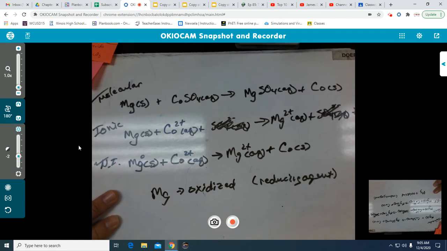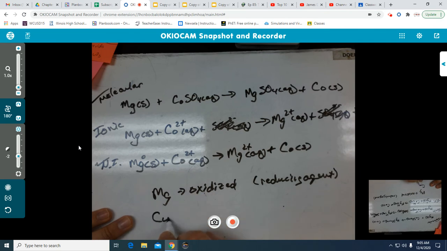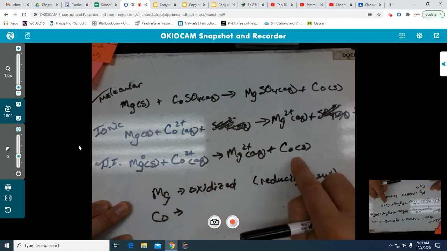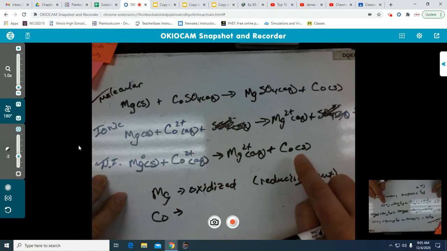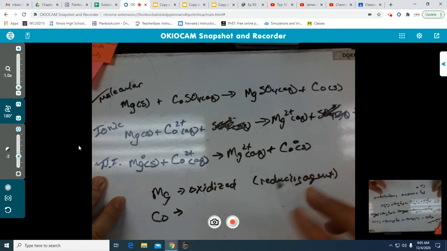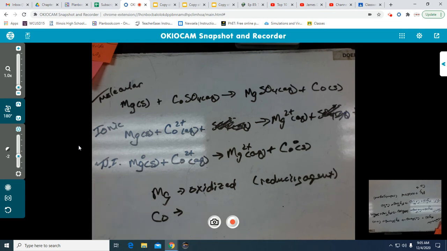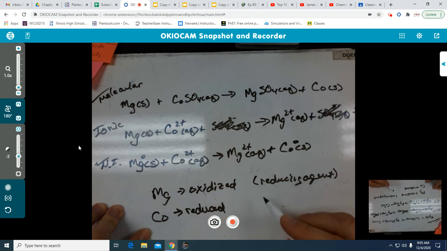So that means that cobalt, the remaining substance here in our net ionic equation, went from 2+ aqueous to its natural solid state, therefore 0. So 2+ to 0, it became less positive. Therefore, it was reduced. It had to gain electrons to become less positive.